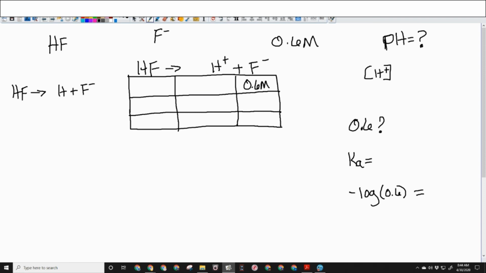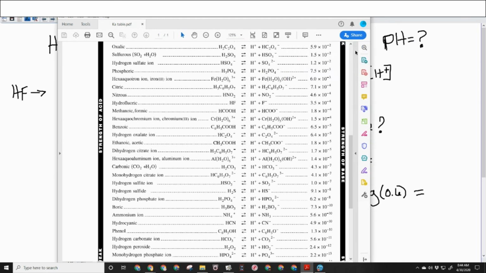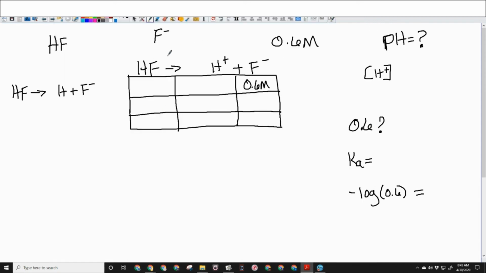So we're going to have to go to our Ka chart. We're going to have to find that equation, which is right here. And this gives us the Ka of 3.5 times 10 to the negative 4. And I'm going to rearrange this equation so this can help us to solve this correctly the way we need to solve it.